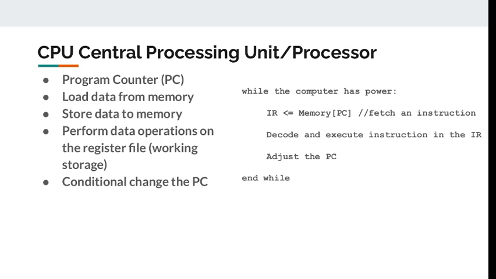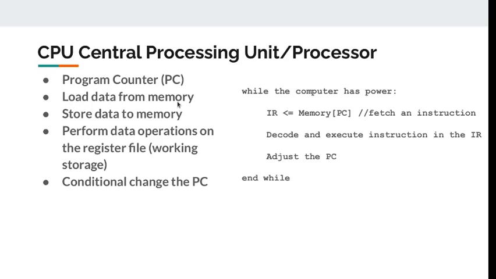Sometimes, if you have subroutines, you have to change your PC, your program counter, to another position in memory. That's not the next one, right next one, but you get the idea. It's basically which position we're gonna process right now, which instruction we're gonna process right now. So the CPU has to load data from the memory.